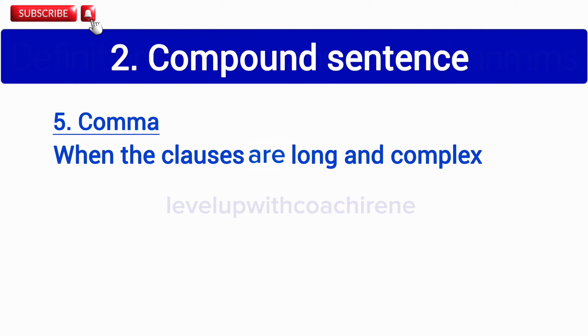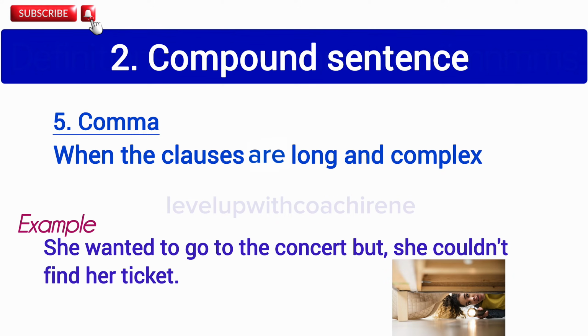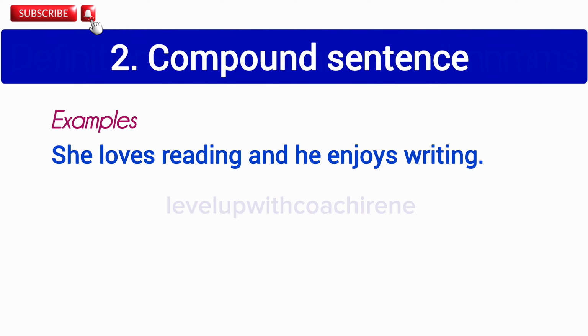Lastly, when using coordinating conjunctions, a comma is usually placed before the conjunction if the clauses are both long and complex. For example, she wanted to go to the concert, but she couldn't find her tickets. Other examples of compound sentences include she loves reading and he enjoys writing.